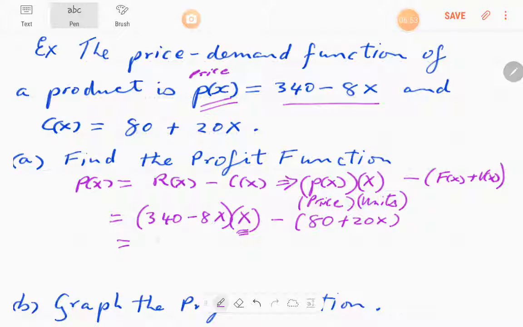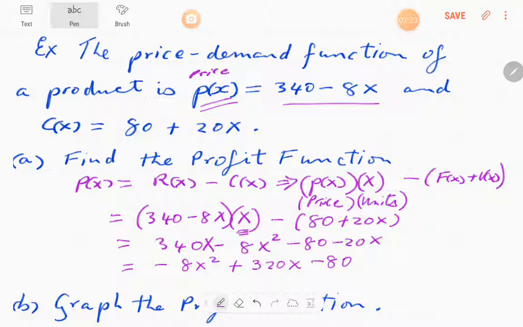So if we distribute, we have 340x minus 8x squared minus 80 minus 20x. So this becomes minus 8x squared plus 320x minus 80.